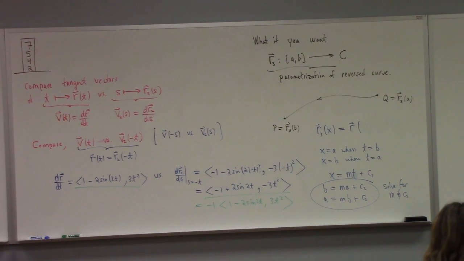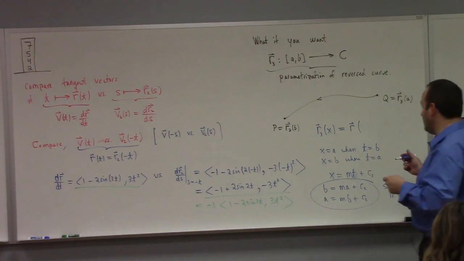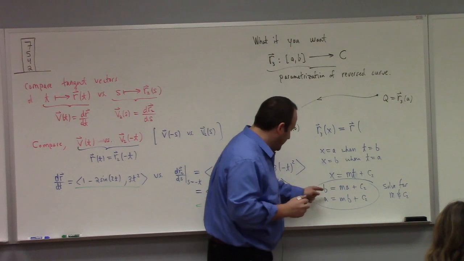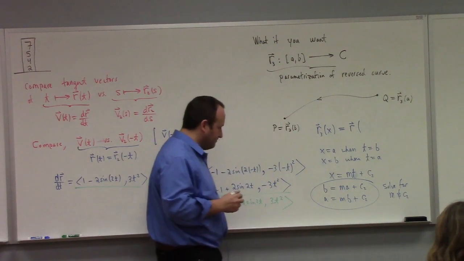Right, we're looking for x as a function of t. I think a linear function will work, and it swaps b and a. X equals ab over t is not going to do it. Solve this for m and c2. Tell me what you get.